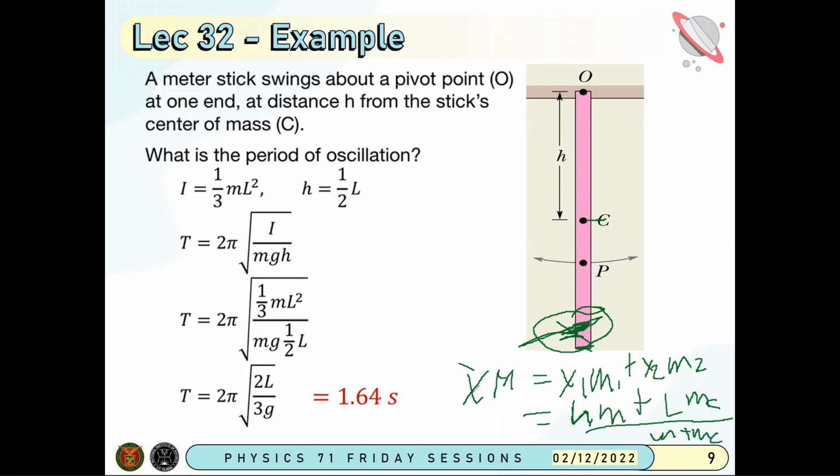So makuha mo na yung X, yun yung bagong center of gravity, which is around here. Tapos with that, yun na yung bago mong D.